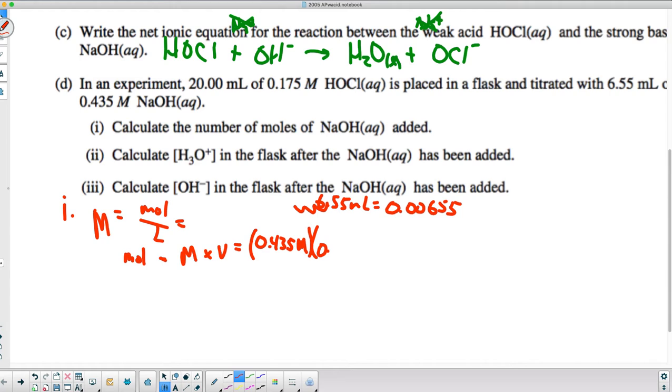That's what we're looking at with liters. There's a decimal point in there, and that's the number of liters. What you should get from that is 0.00285, and that is the number of moles of NaOH. Okay, that one wasn't too bad.